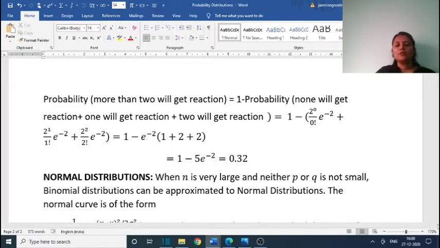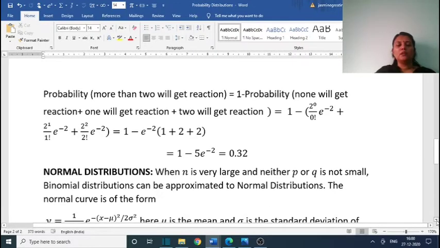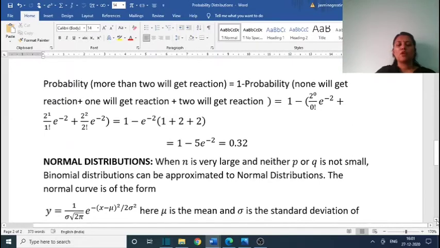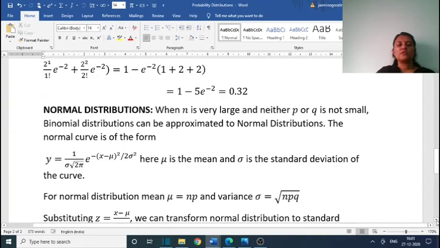Now we have the normal distribution. When n is very large and p or q is not small, binomial distributions can be approximated to normal distribution. The normal curve is of the form y is equal to 1 by sigma root 2 pi e raised to minus of x minus mu whole square by 2 sigma square, where mu is the mean and sigma is the standard deviation of the curve.